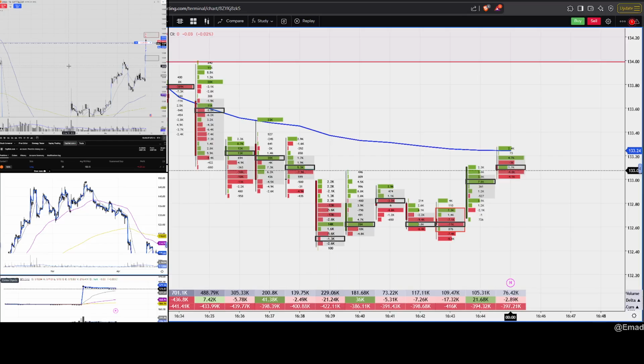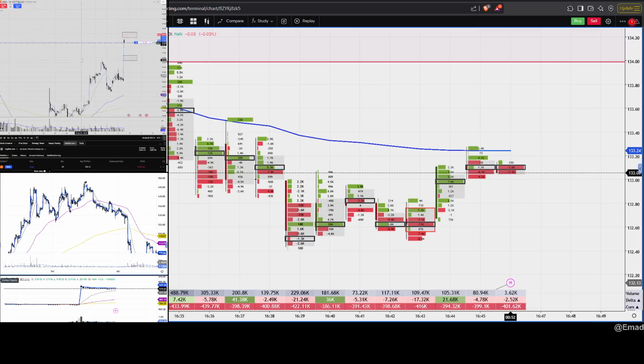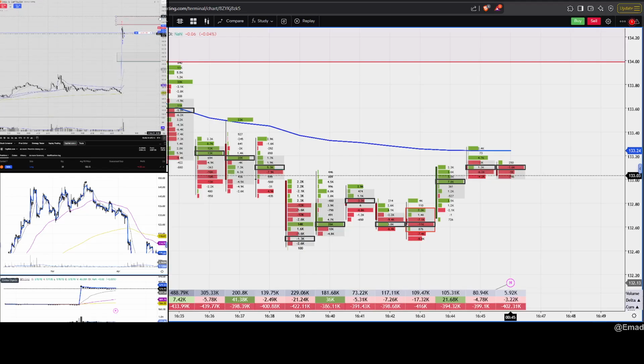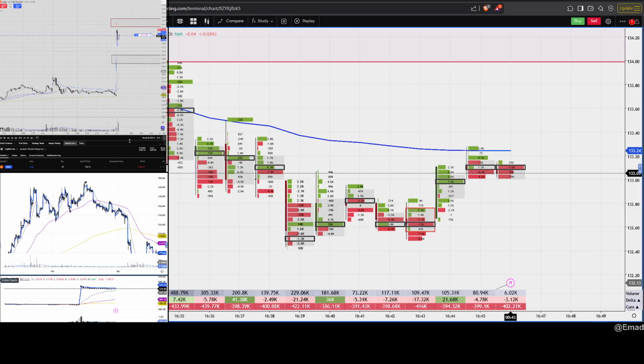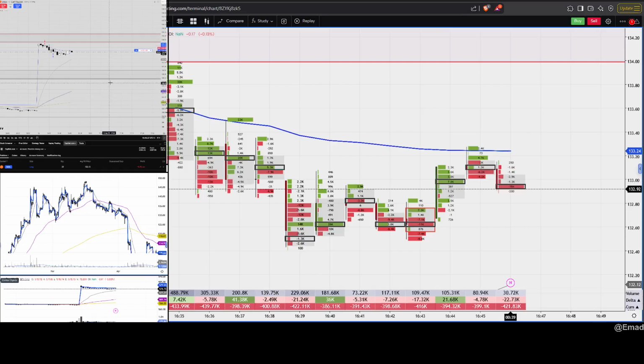We can try entering at a different level if the price reaches down here at 132. But 30 is not bad. So let's switch to 5 minutes so we can put our stop loss. Let's switch to 1 minute because that's the time frame that I'm watching.